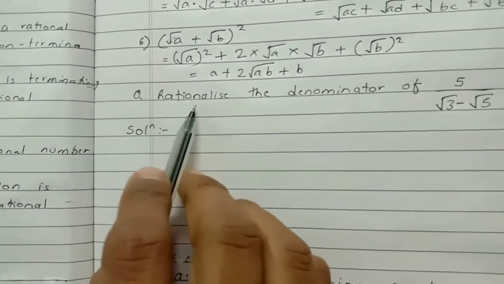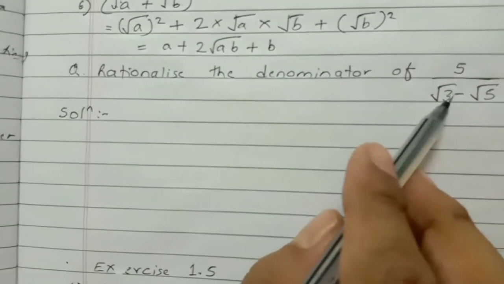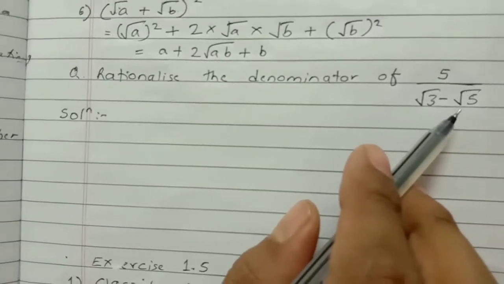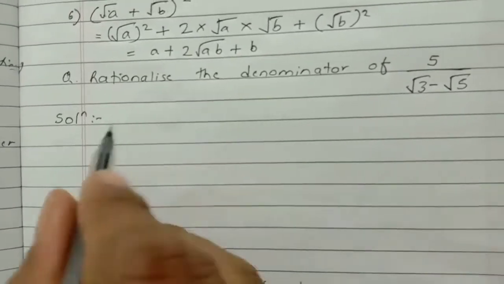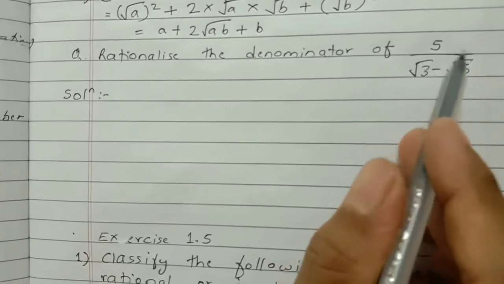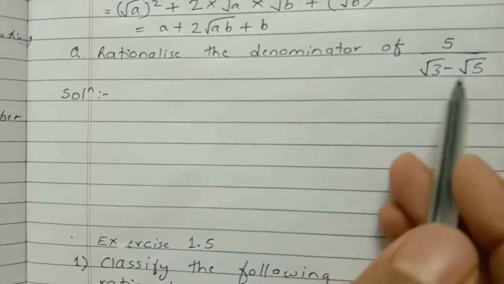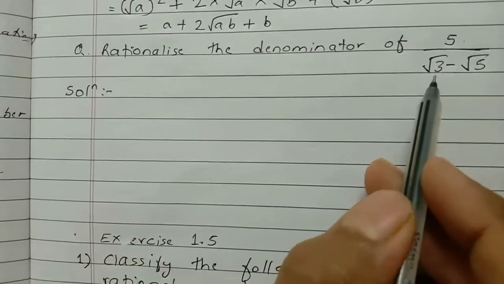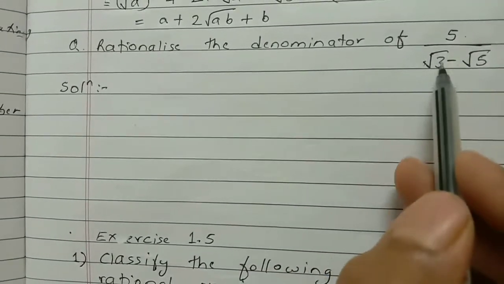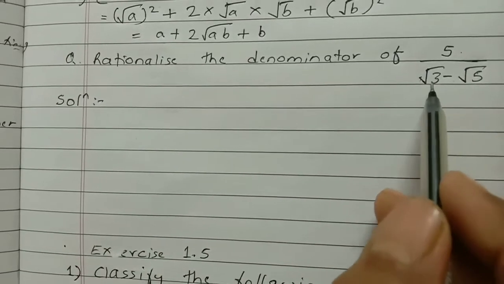Now we will solve one problem. Rationalize the denominator of 5 by (root 3 minus root 5). So how can we rationalize the denominator? You have to multiply the numerator as well as the denominator by the opposite of the denominator. Here the denominator is root 3 minus root 5, so instead of minus we will take plus; the sign will change.